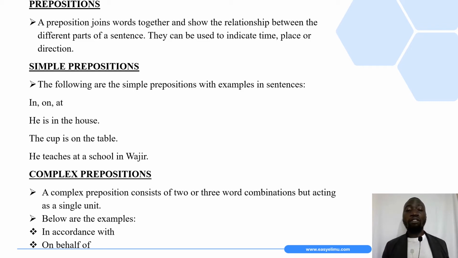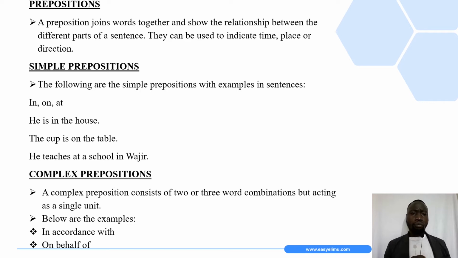An example of such prepositions, we have the preposition at. So at can be used to indicate time. At can still be used to indicate place. At can be used to indicate or talk about direction. So it can be used to point out a specific direction.